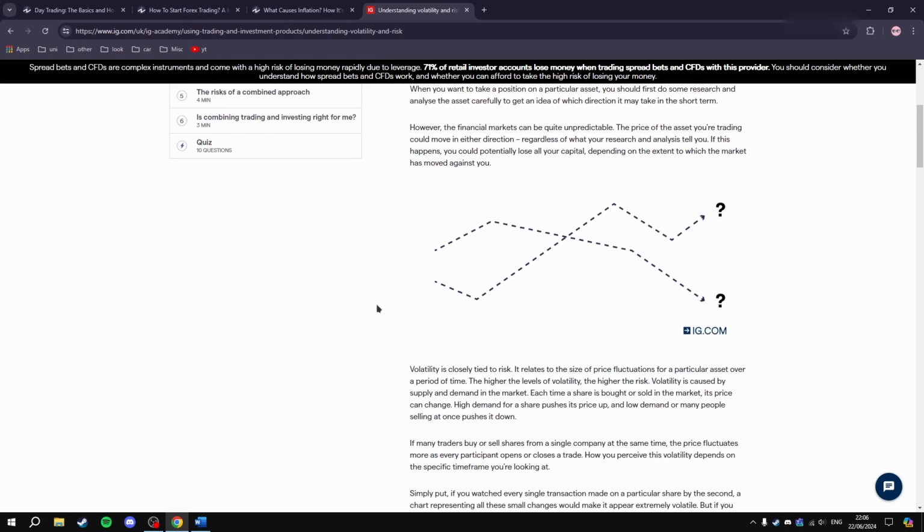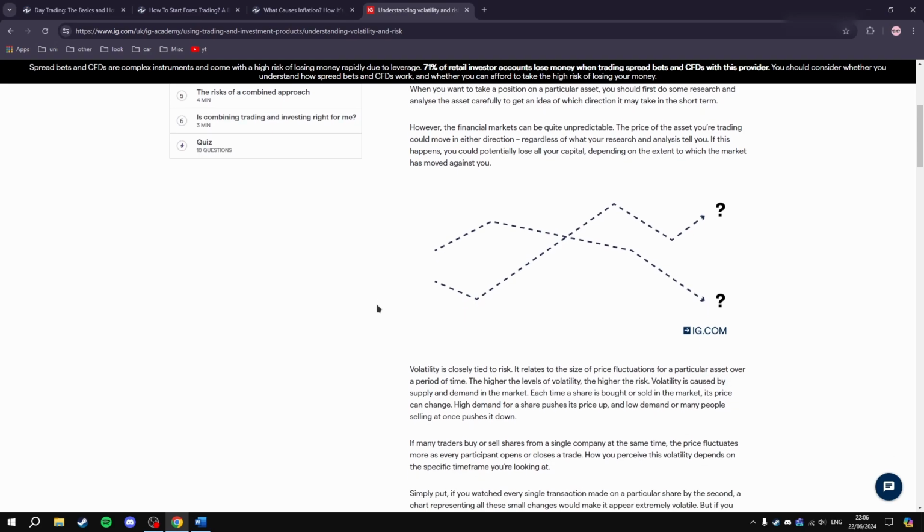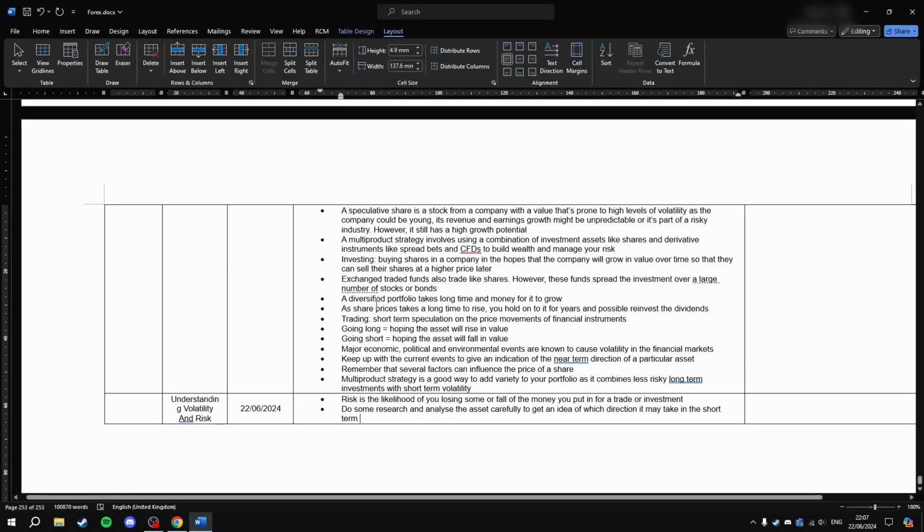When you want to take a position on a particular asset, you should first do some research and analyze the asset carefully to get an idea of which direction it may take in the short term when placing a trade.